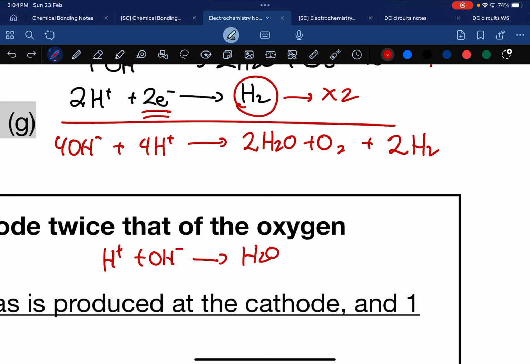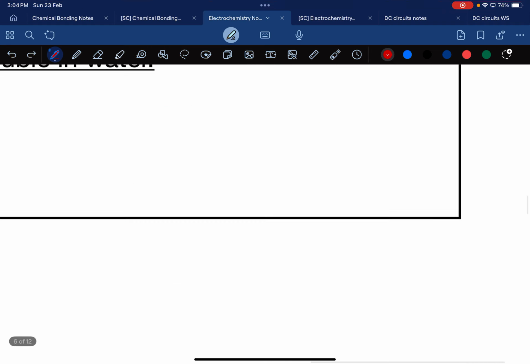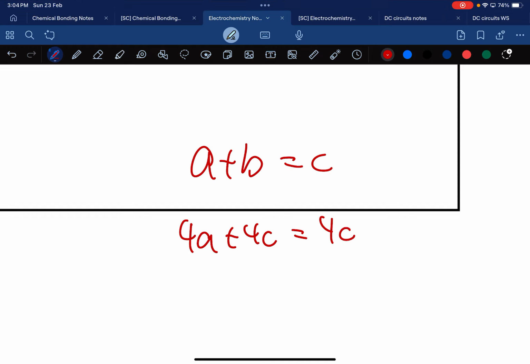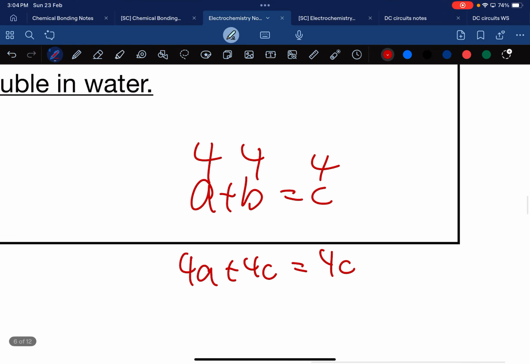So 4 H plus, 4 OH minus gives you? A plus B gives you C. 4A plus 4B gives you how many C? 4C, of course. 1, 1, 1. So 4, 4, 4. Very difficult, man.